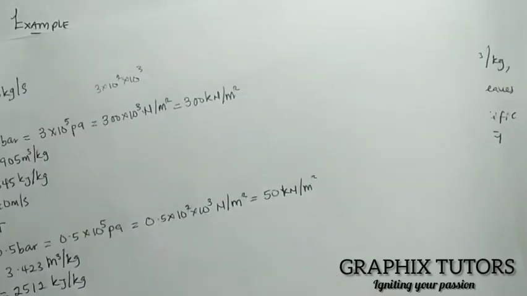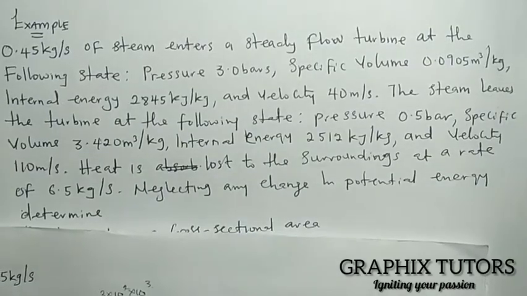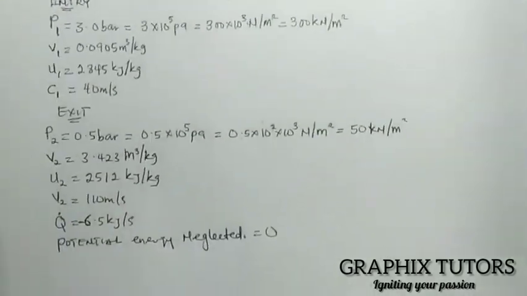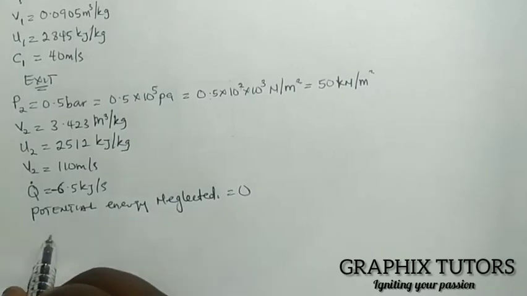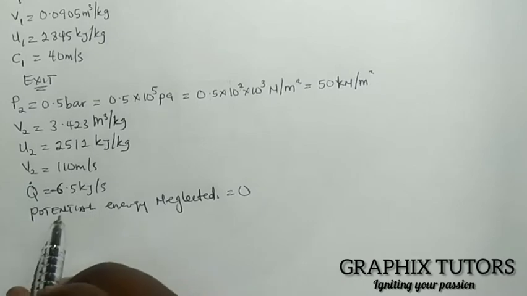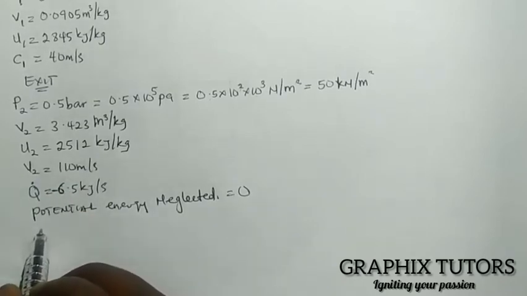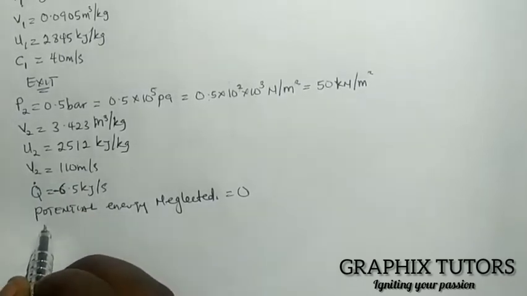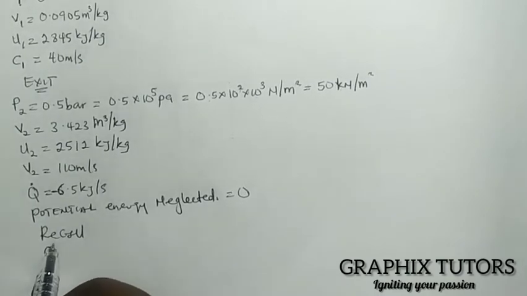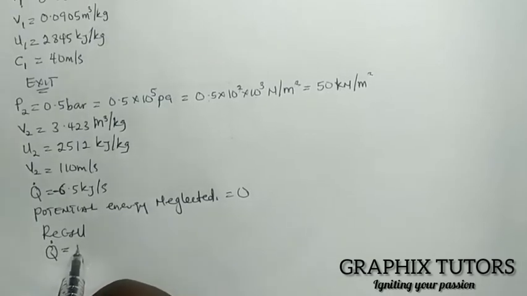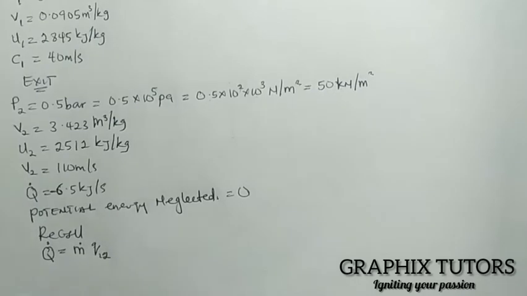Now from here we move further. Since we are given this, we are applying the steady flow energy equation. But before that, recall that my heat rate is equal to the mass flow rate multiplied by the heat transfer.